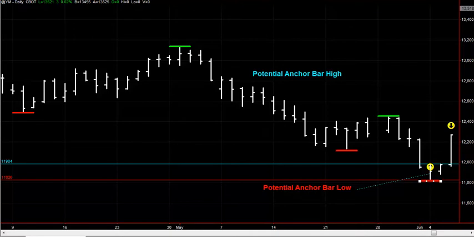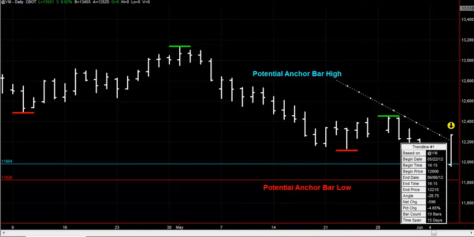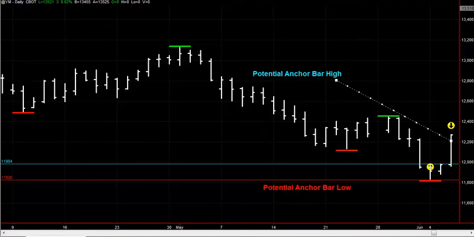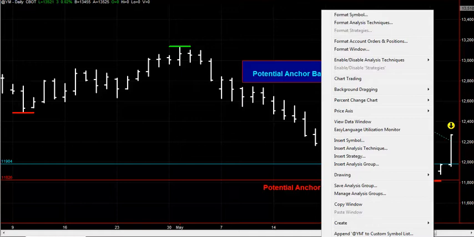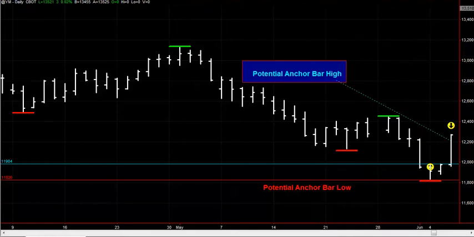So everyone until it does become actualized is a potential. So the first thing we have to do is make this bar over here, this one right there, the potential anchor bar high until it becomes actualized. Okay, there's your potential anchor bar high. So we will remove all the arrows and stuff so we can continue moving forward.